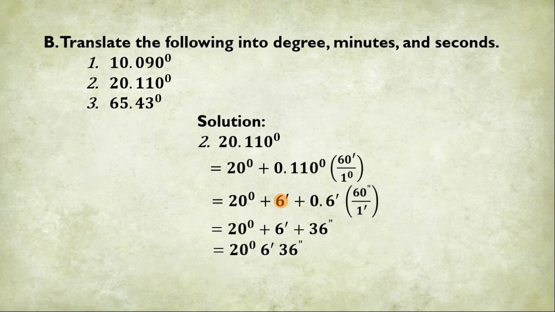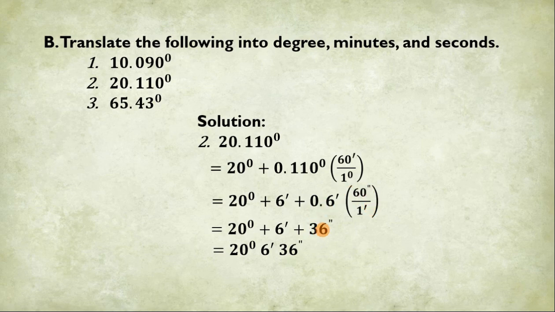And actually, the answer here is 6.6 minutes. So we isolate the whole number 6 minutes, and the 0.6 minutes will be converted to seconds by multiplying 60 seconds all over 1 minute. So the minute unit will be eliminated, giving us 36 seconds.